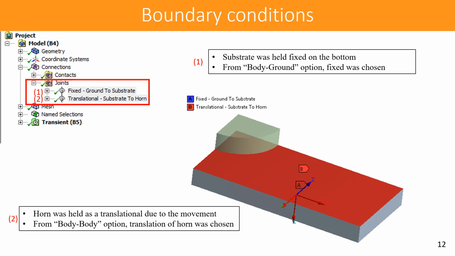I fix the bottom of this substrate. On the other hand, in the translational boundary condition, I choose the tip, and then from the body option, I found the translation of the horn, and later on, I gave the velocity of this horn in this direction.